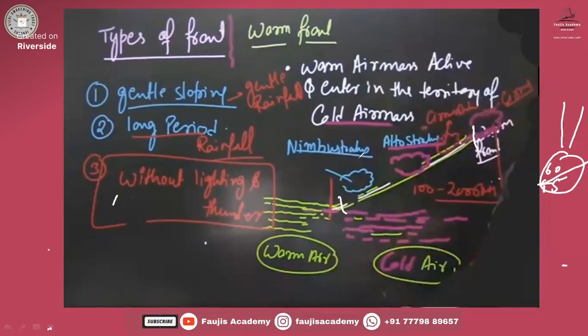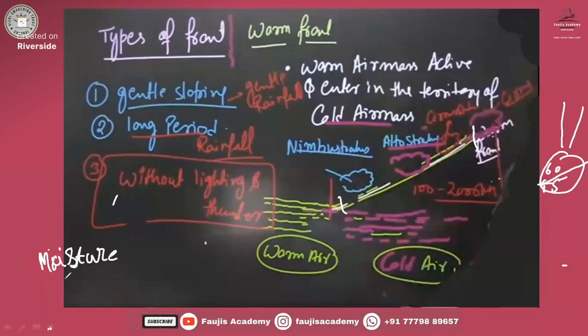Now you all know that strata is the lower part. When the warm front is happening, in this part we have the formation of nimbostratus cloud. Then next we have the altostratus clouds. Why? Because for the front formation we should have moisture content.